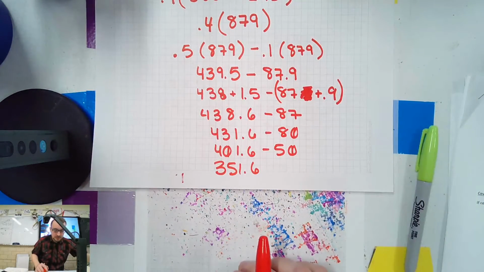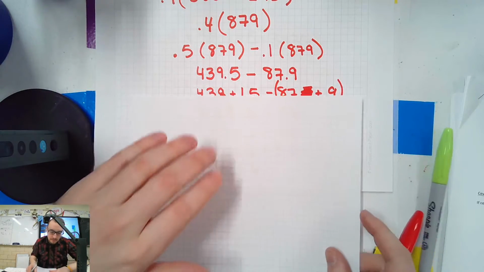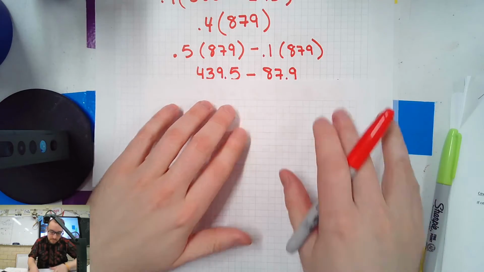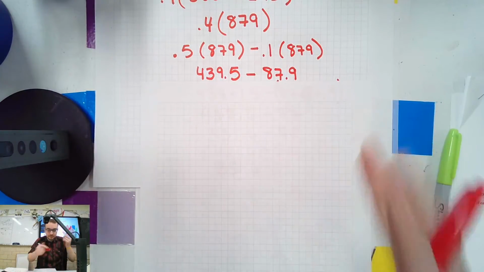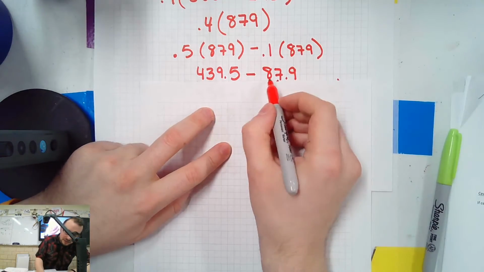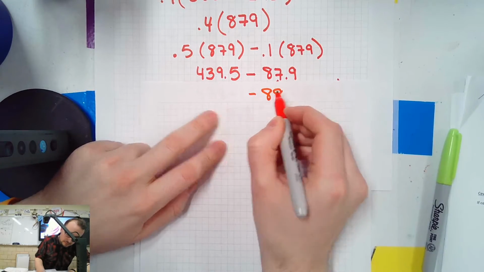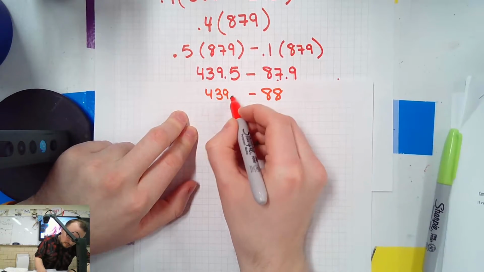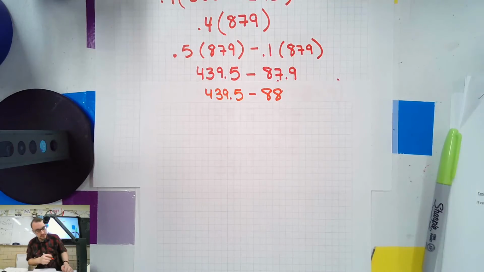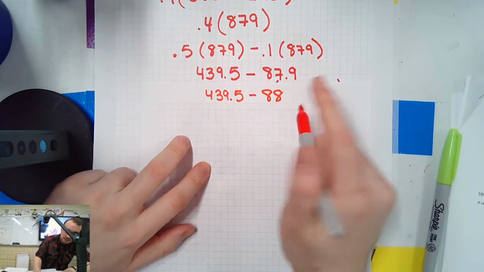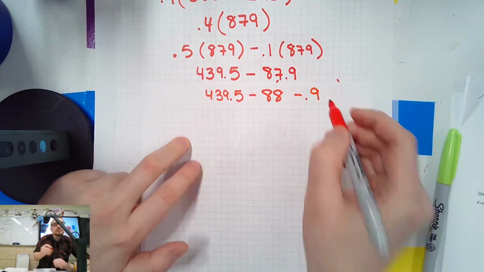I think what I was thinking up here would be to estimate this as 88. And then I can just take away 0.9 later, right?